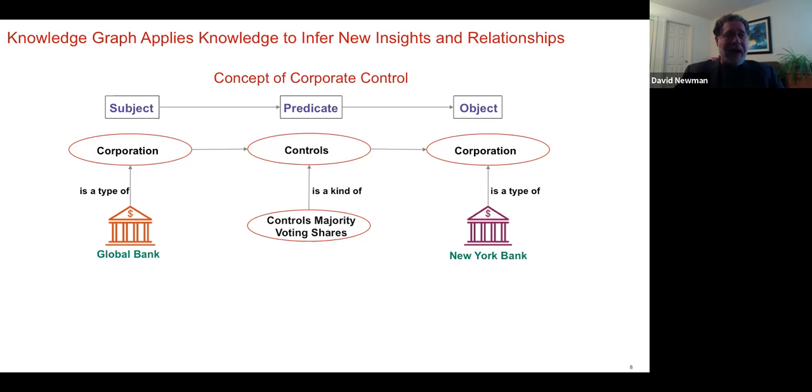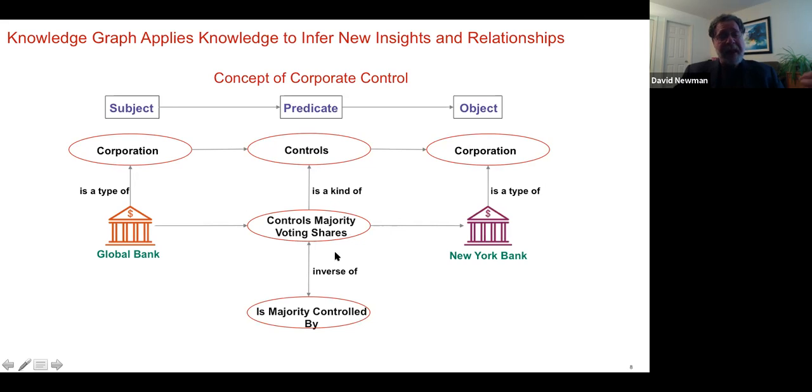So it's all operationalized. We can then say that global bank, a type of corporation, controls the majority voting shares of New York Bank. And then we can also introduce additional concepts that is majority controlled by is the inverse of controls majority voting shares. They're the polar opposites of each other, and we can introduce this into our model.